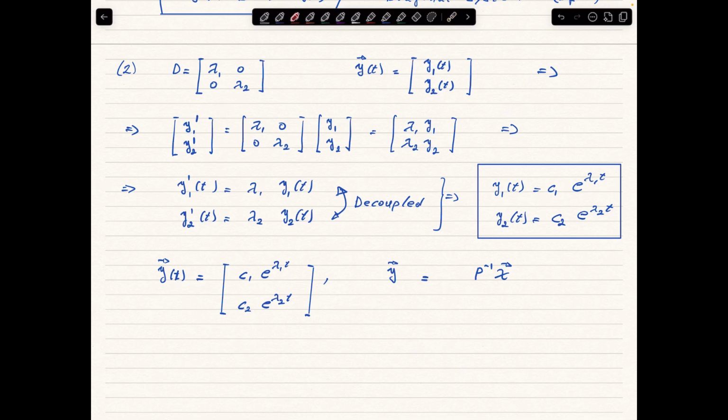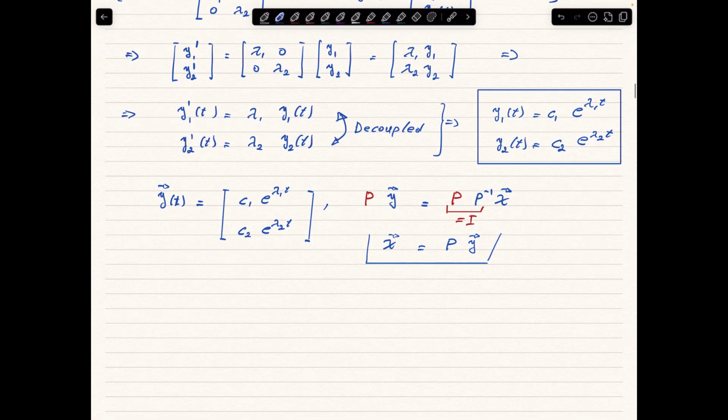Well, we multiply the whole thing by the matrix P, because here we are then going to get an identity. And then we get x in terms of y: x is going to be the original matrix P multiplied by y. So this is how we transform back from y to x.